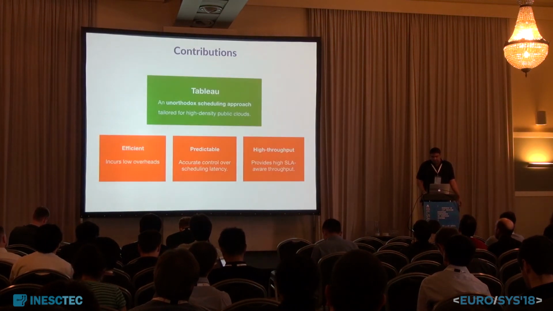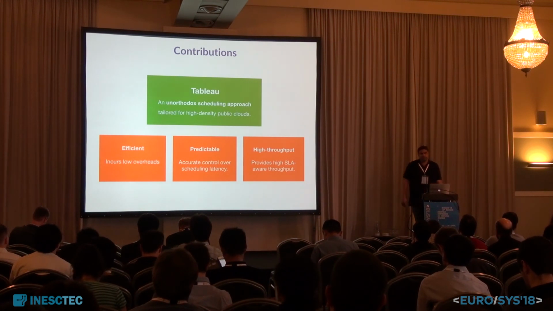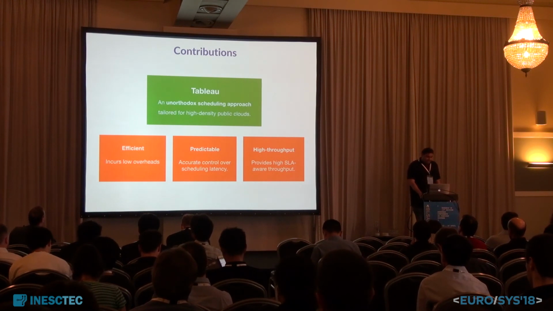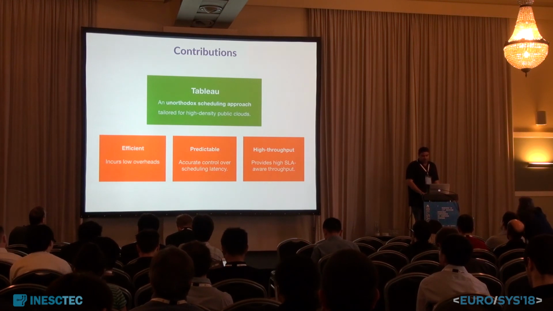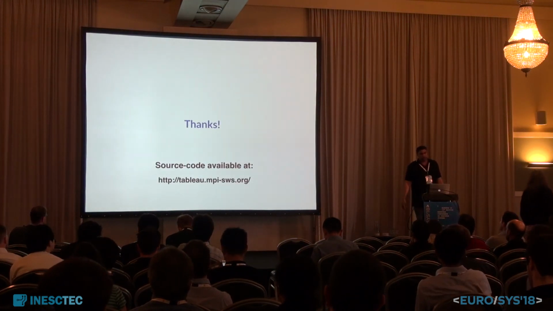And to conclude, I presented Tableau, which is a somewhat unorthodox approach to VM scheduling based on table-driven schedulers. We showed that Tableau is efficient, predictable, and high throughput. In particular, it provides high SLA-aware peak throughput. Thank you. And all source code is, of course, available.